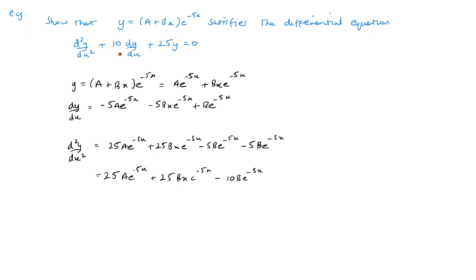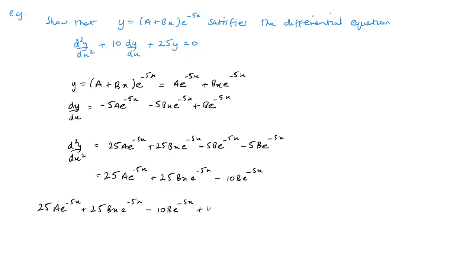Now I need to substitute into here. So this one, 25a e to the minus 5x plus 25bx e to the minus 5x minus 10b e to the minus 5x.